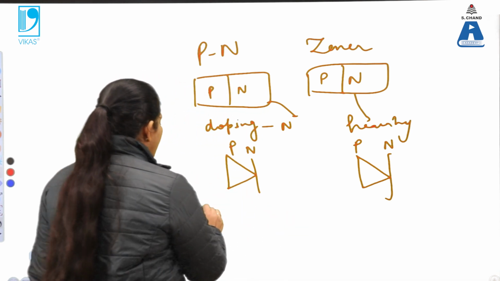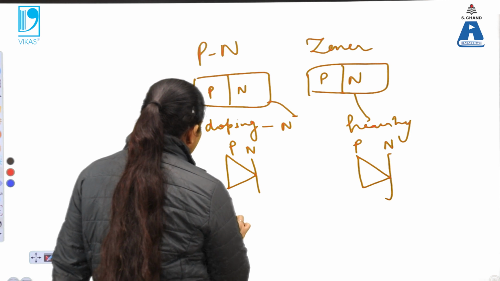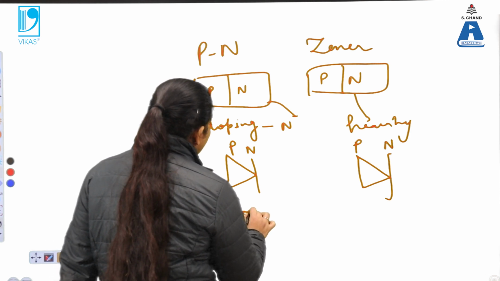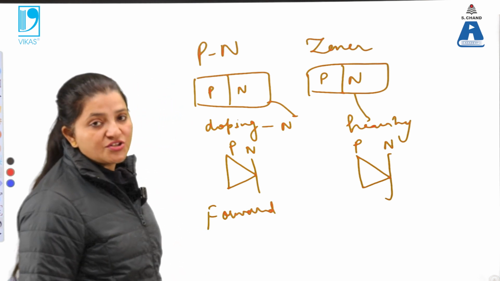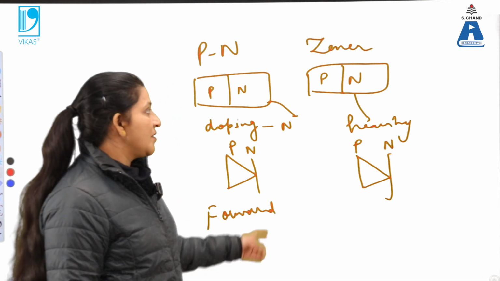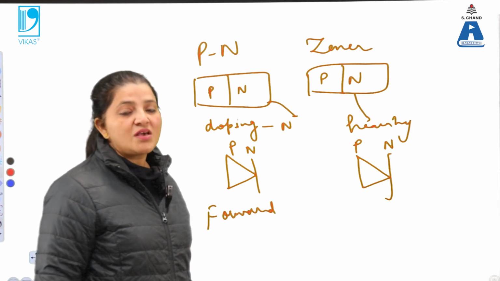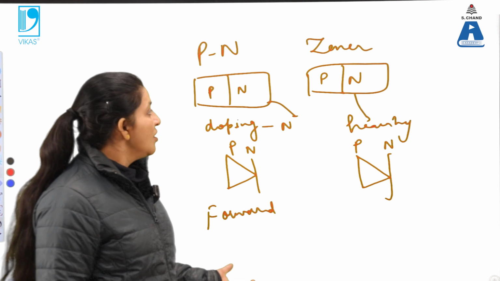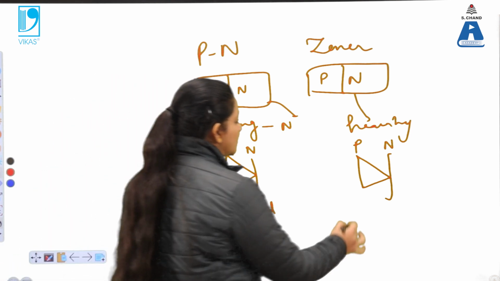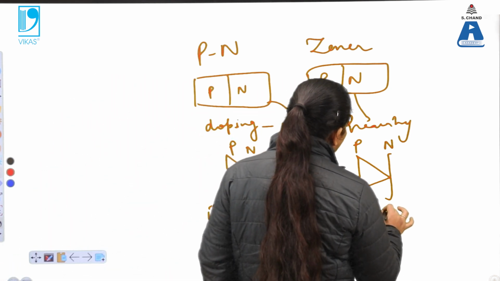The PN junction diode always works in the forward biased condition. We know that in the reverse bias the minority charge carriers are very few, but due to heavy doping we can make minority charge carriers present in a large amount. That is why the Zener diode works in the reverse bias condition.